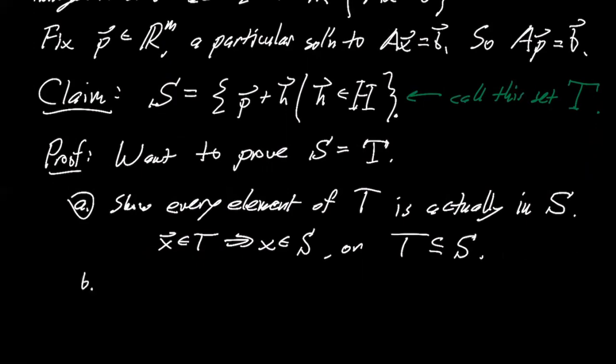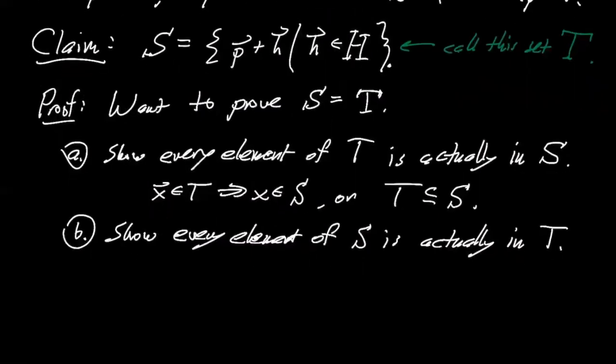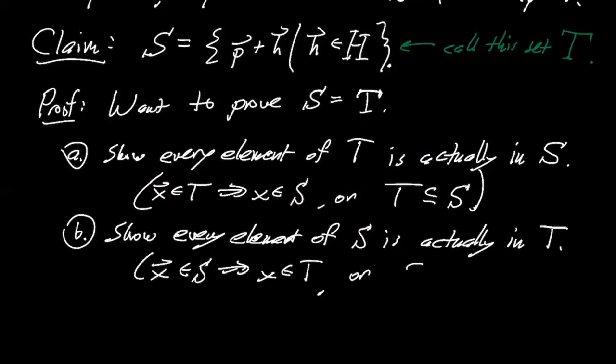And then B, we want to show that every element of S is actually in T. And again, that's proving the logical statement x is an element of S implies x is an element of T, or that S is a subset of T.